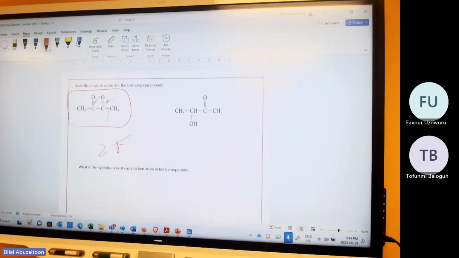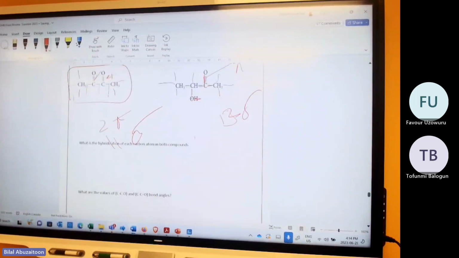One, 2, 3, 4, 5, 6, 7, 8, 9, 10, 11. So 11 sigma, right? This one has only 1 pi, right? How many sigma? 1, 2, 3, 4, 5, 6, 7, 8 with the H, 9, 10, 11, 12, 13. 13 sigma. Okay.